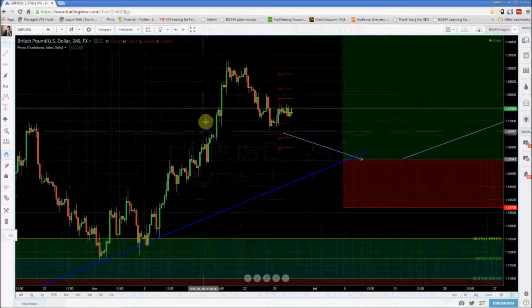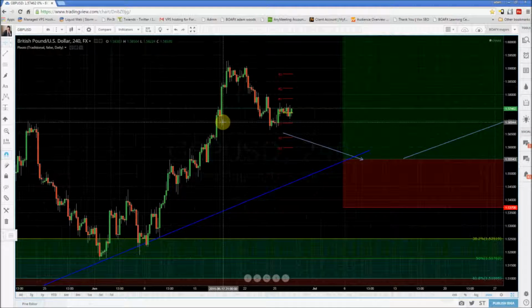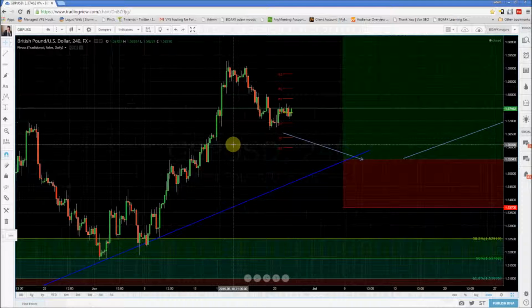If there are no areas of support and resistance, or it's not a Fibonacci level, or it's not a psychological number, then there's no reason to believe that it's going to make any difference at all to the current trend. So we're looking for those specific points in a trend where potentially a trend would reverse.